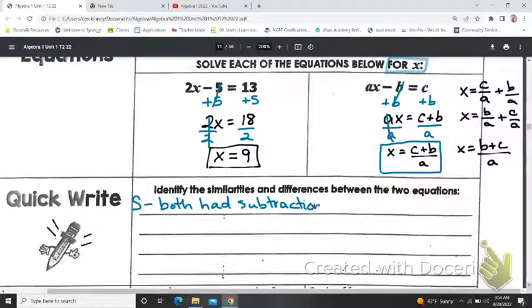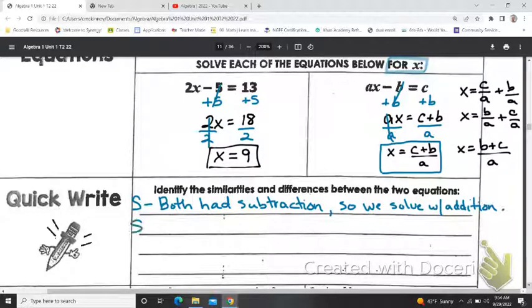Both had subtraction. So we solve with addition.